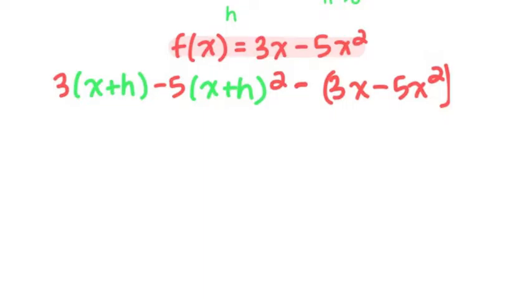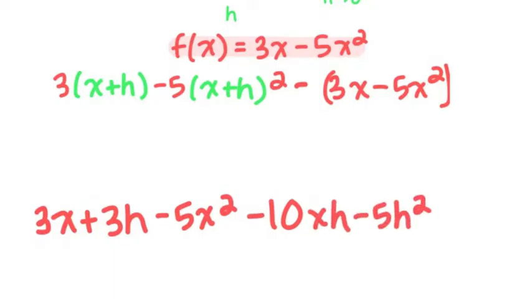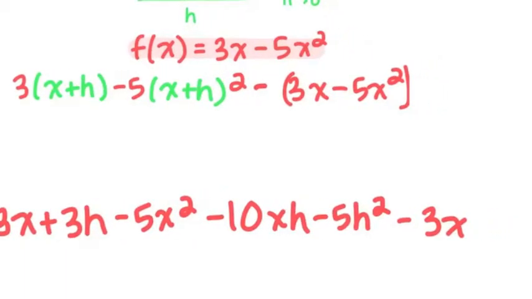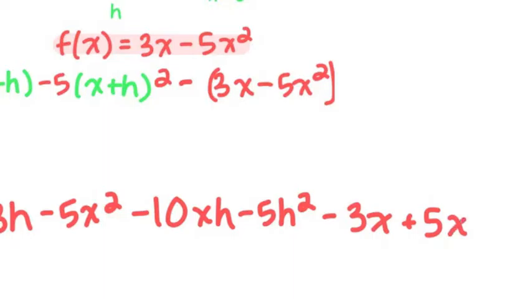Now we're just going to do a regular distributive property, which is 3x plus 3h minus 5x to the second power minus 10xh minus 5h to the second power minus 3x, and then plus 5x to the second power.